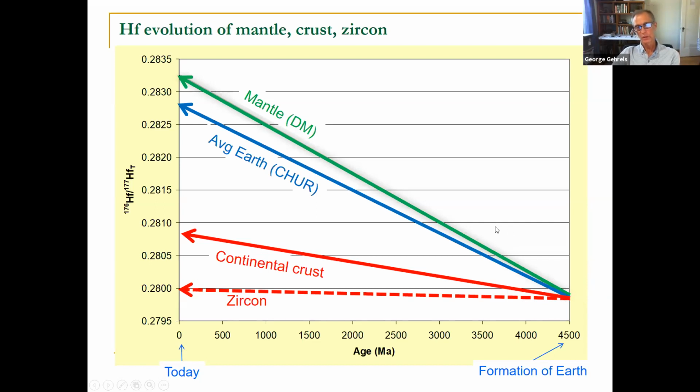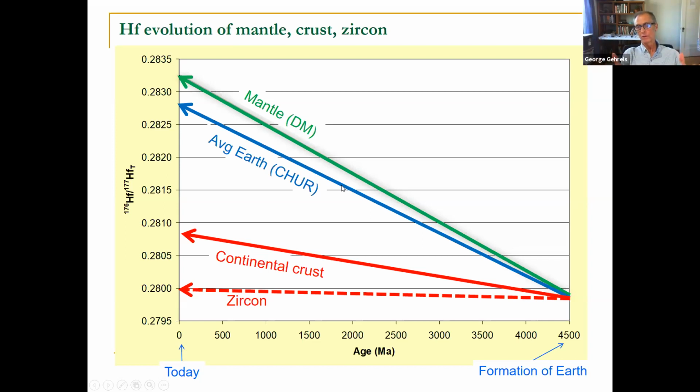So this shows the three main reservoirs in our system: the mantle, the crust, like a granitoid, and then the zircon. Well, it turns out that if you want to have some kind of a reference to compare samples to, the mantle is kind of hard to characterize and the crust is kind of hard to characterize. It's quite variable. But we do have a reservoir that we can access. Geochemists really like this one. It's called CHUR, the chondritic uniform reservoir.